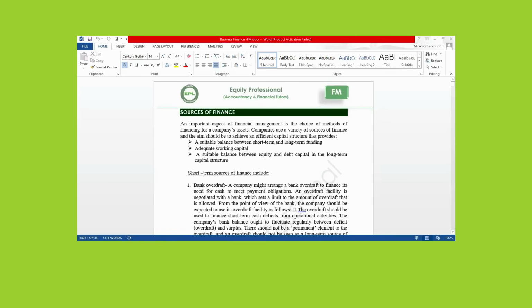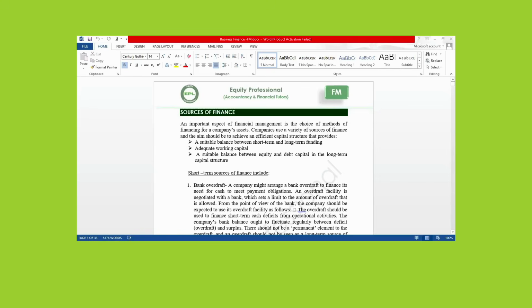Why do companies use different types of financing? You finance your business with borrowing. You finance your business with equity. You finance your business with short-term, medium-term, or long-term borrowing. Now the question is, why do companies adopt different finance methods?